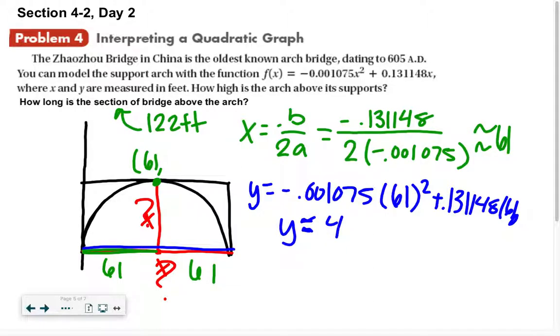So what do I do with that? Where does that go? It's the y of what? My vertex. So that means that this point is 61, 4. So what's the height of this bridge? 4. Hard to believe, but it is 4 feet high. Short bridge.